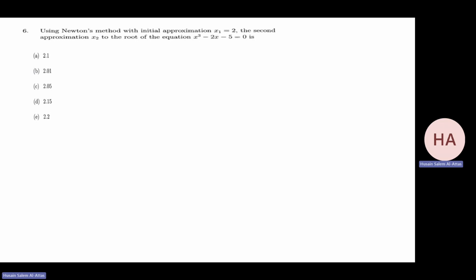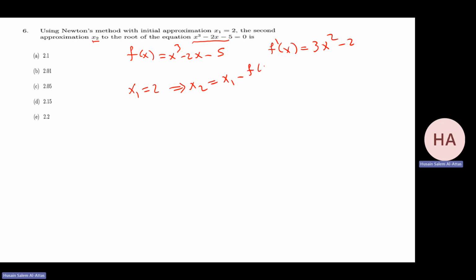Using Newton's method, usually this is to find x2. He gave f of x, f of x equals x cubed minus 2x minus 5. I need f prime, 3x squared minus 2. x2 equals x1 minus f of x1 over f prime of x1.